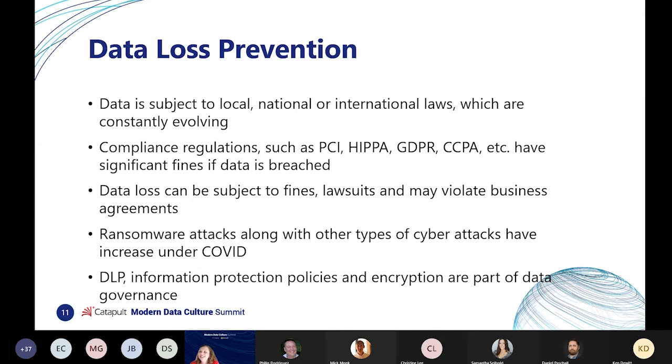So again, with data loss prevention, our data and our laws regarding it are constantly evolving. We're constantly seeing new data protection laws with additional nation states. In the US, it tends to be more considered privacy law or data protection. Again, different states have been developing their own.